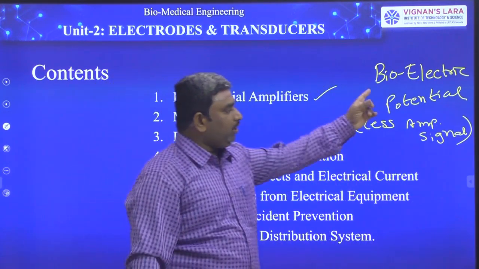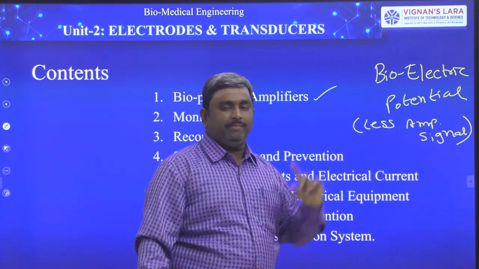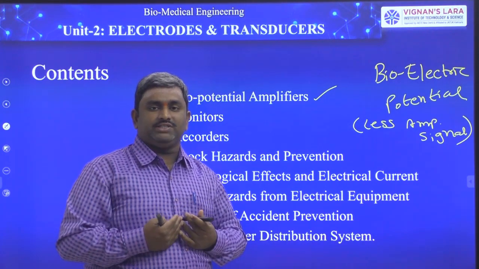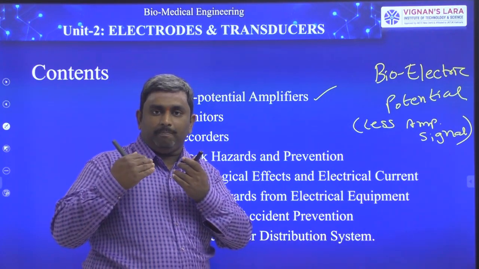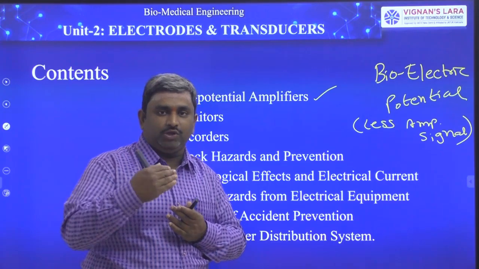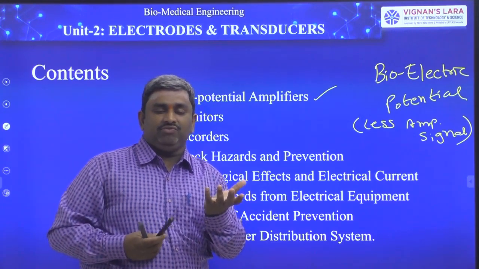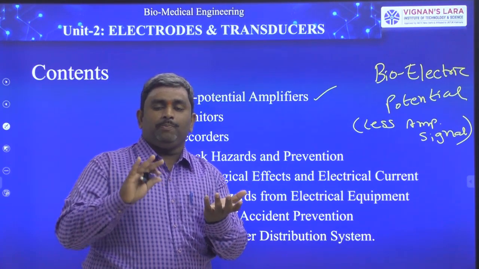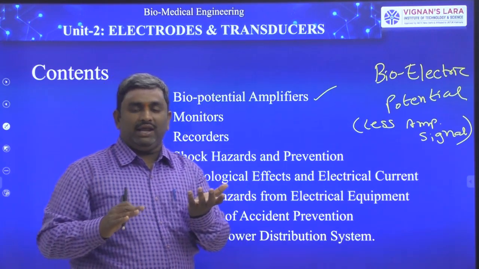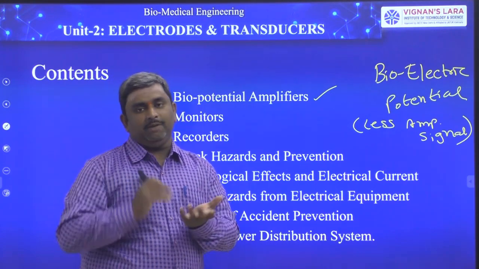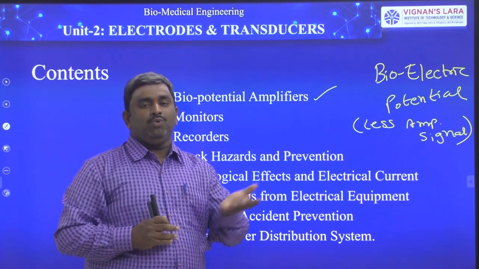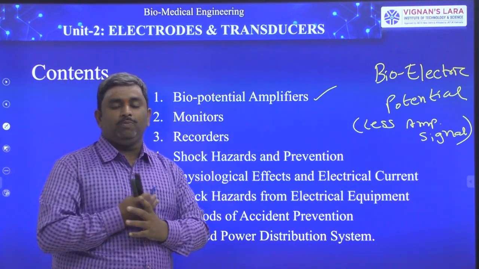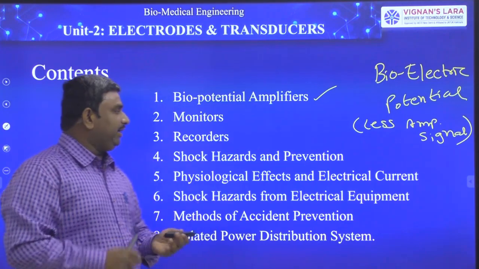What is the meaning of this? We have seen a lot of concepts in the previous classes. The potential collected from the human body has very little amplitude, so our machines cannot process that type of bioelectric signal. For processing it, we need a biopotential amplifier. So we will see different types of biopotential amplifiers used in the biomedical field.